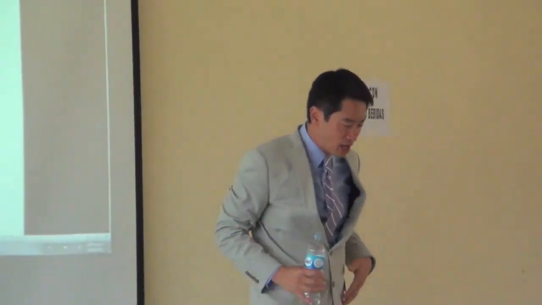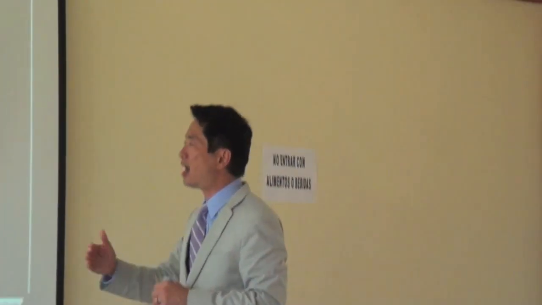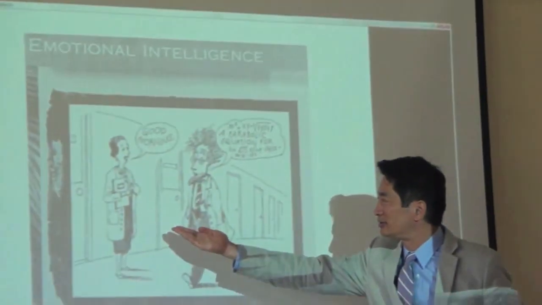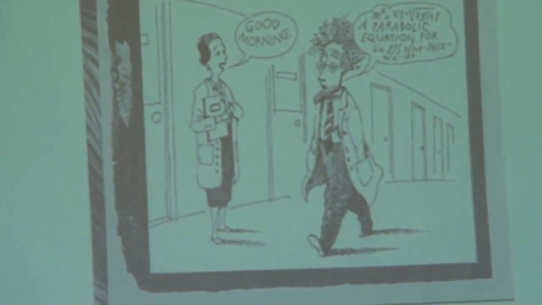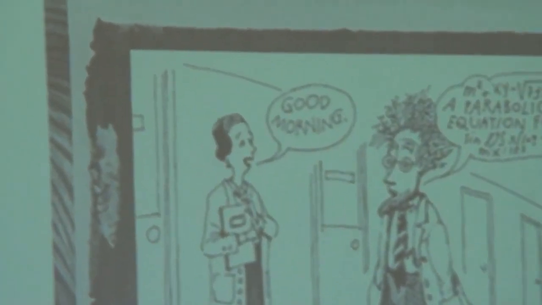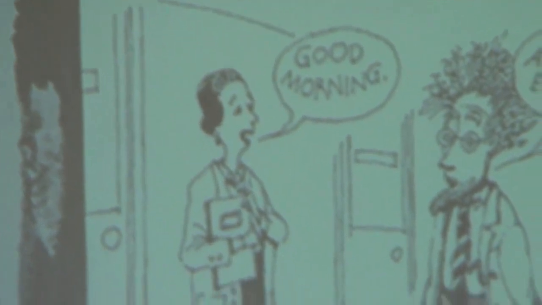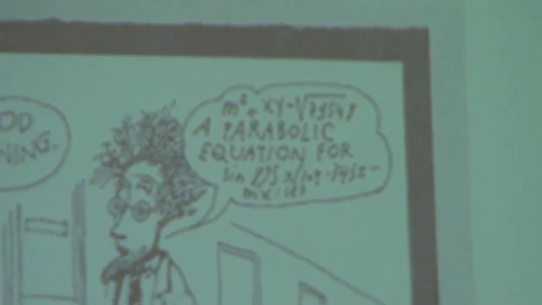You know, his hands in his pockets, he's walking by, he's thinking deep in thought. His colleague, as we can see here, she's very nicely groomed, right? Okay. She says, "Good morning." And his reply is simply, blah, blah, blah, blah, blah, blah, with the math, okay?